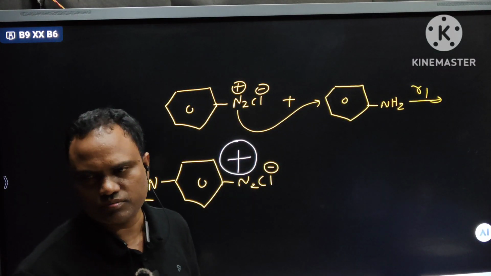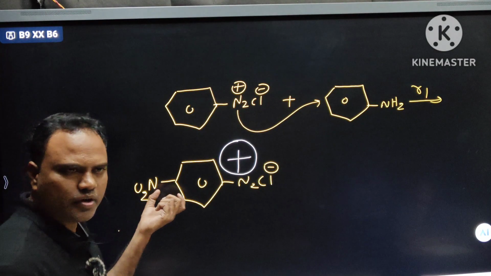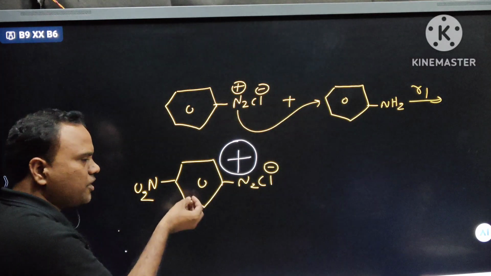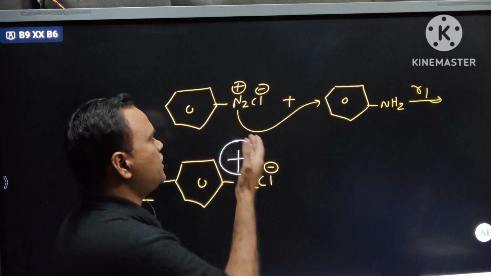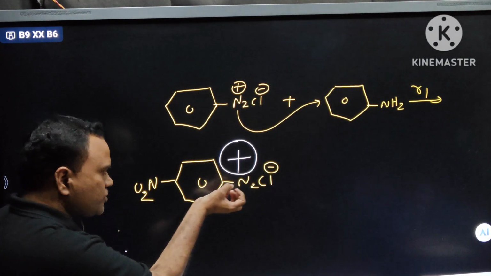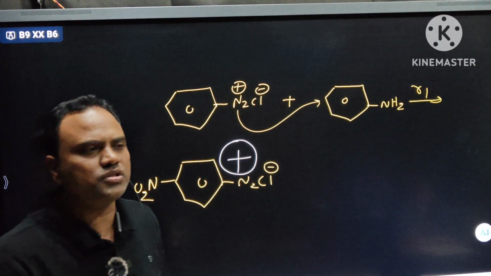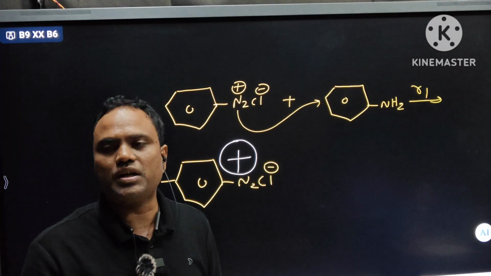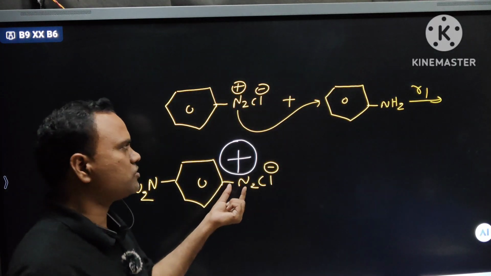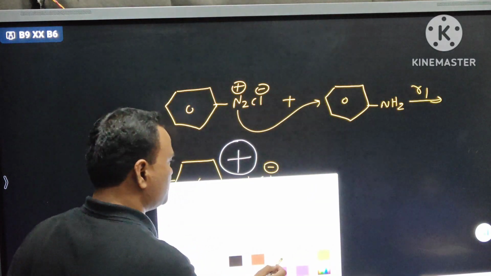Large positive, because NO2 is a withdrawing group. It withdraws electrons from the ring and from the nitrogen. Nitrogen is already deficient, having a positive charge. Again this NO2 is taking electrons further. So what happens to its deficiency? The deficiency is further increased. So it is a large positive.